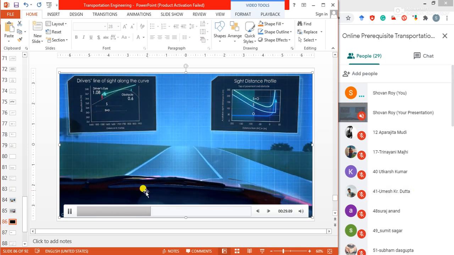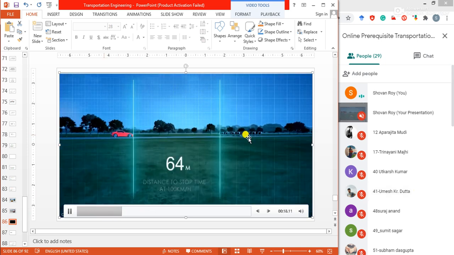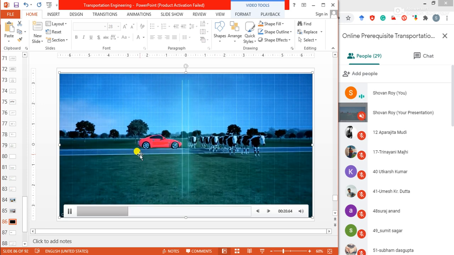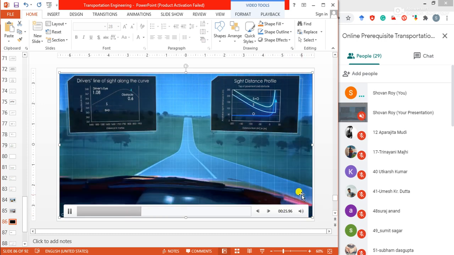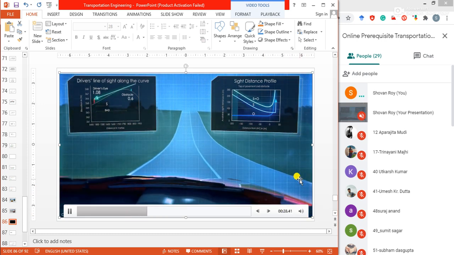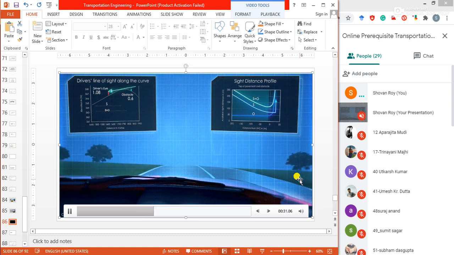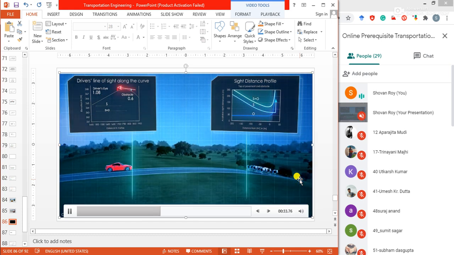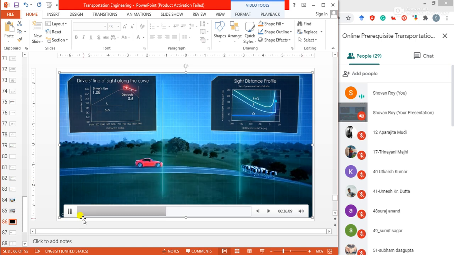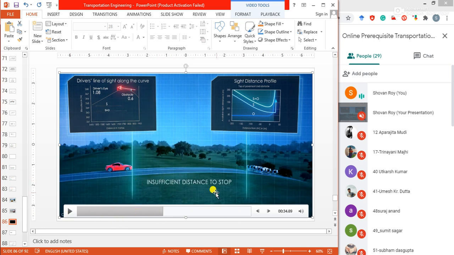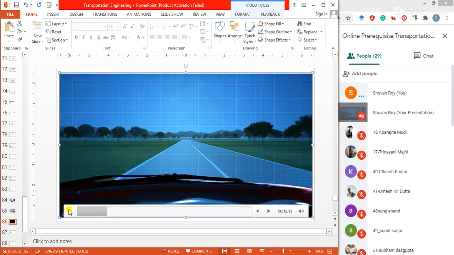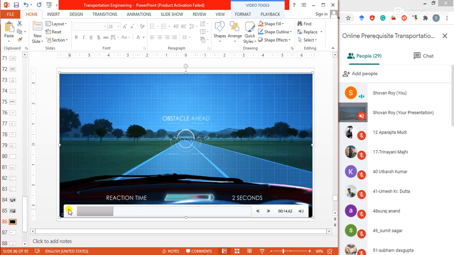Observe, this was the horizontal road, without any undulation. This is the curvy, undulated road, where a vertical curve is there. Again the obstacles are on the carriageway, and what we have seen is insufficient distance to stop. In the first case, sufficient distance was there.